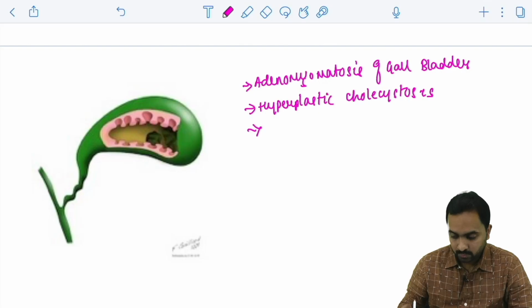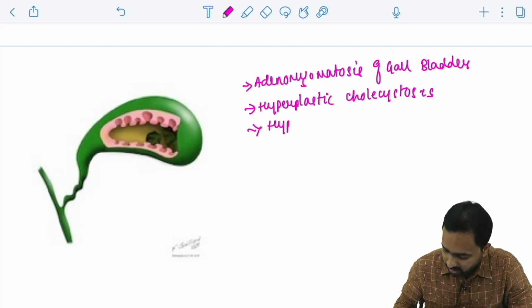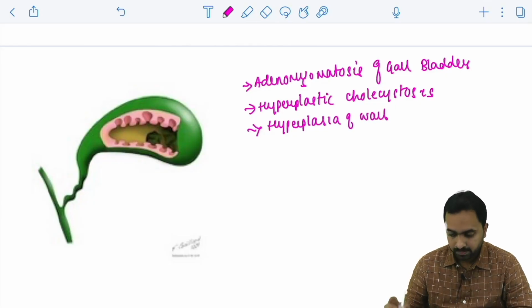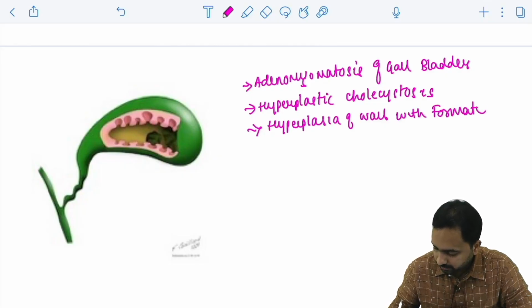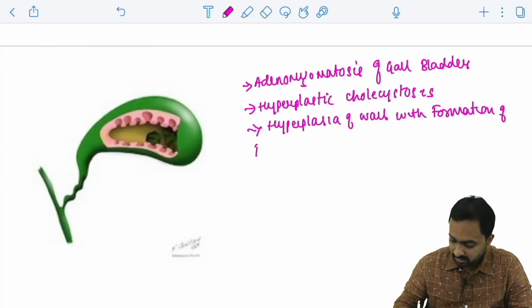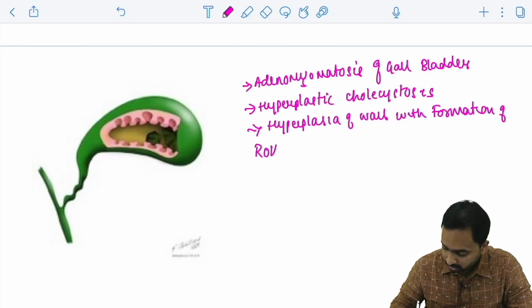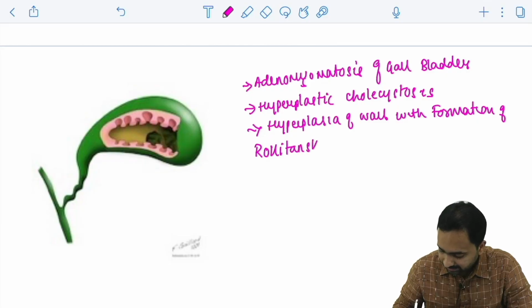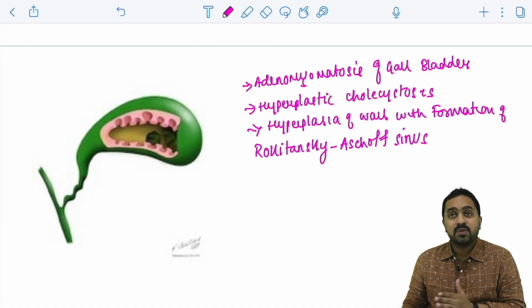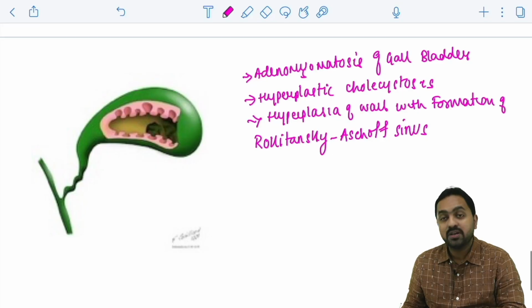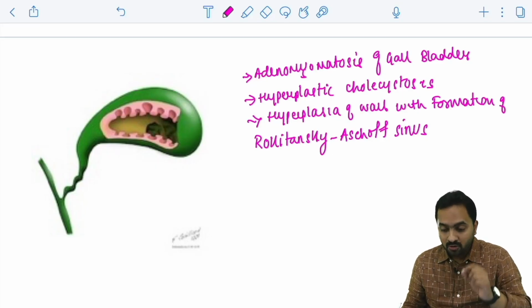So what happens over here is there is hyperplasia of the wall with formation of sinuses which are called Rokitansky-Aschoff sinuses.